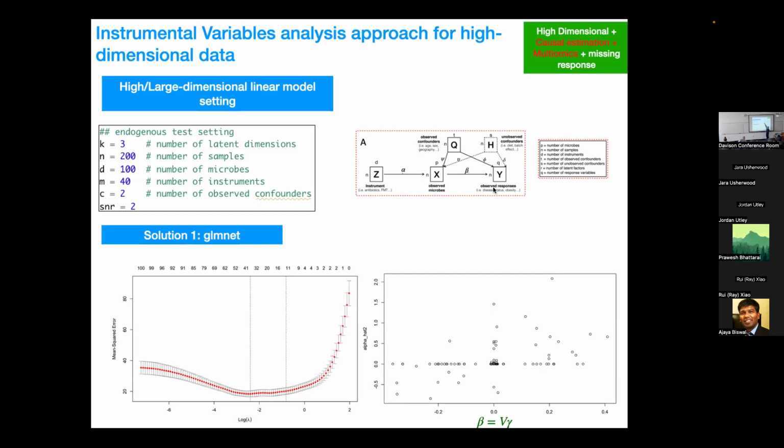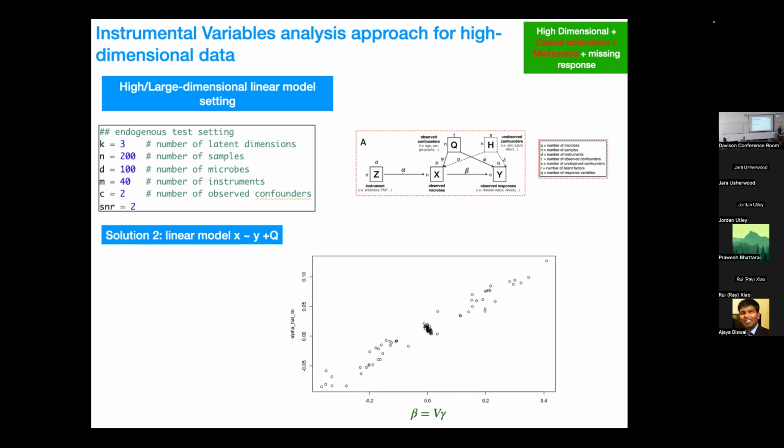I can take the microbiome data sets, which are really high dimensional, and treat the phenotype of interest as the outcome. In the lasso or GLMNet framework, it gives me the effect of X on Y by ignoring everything else. So we get one estimate, which is one available framework.